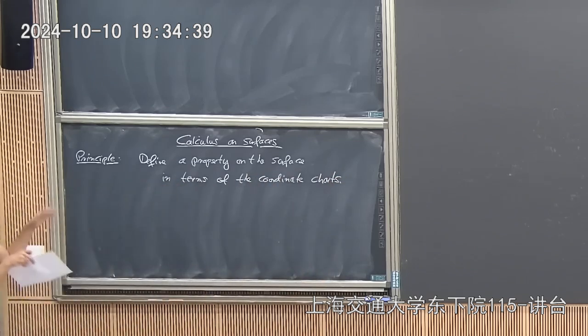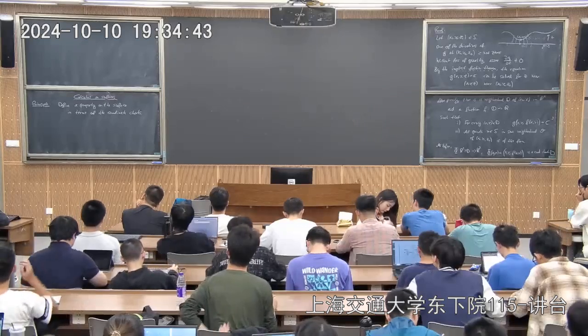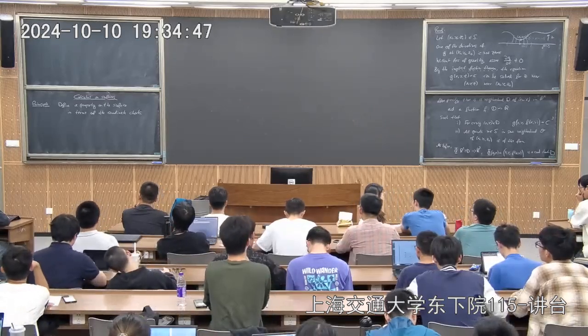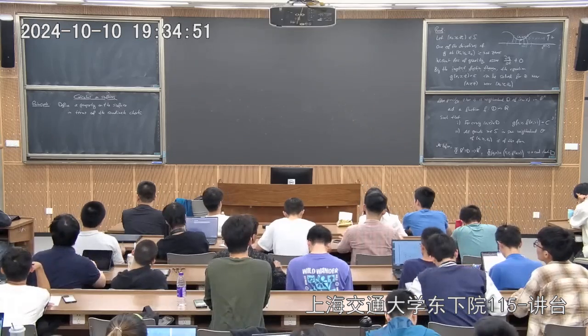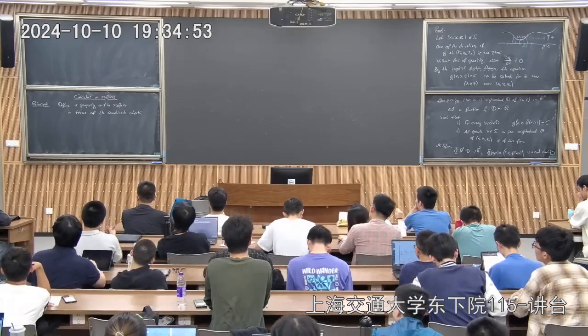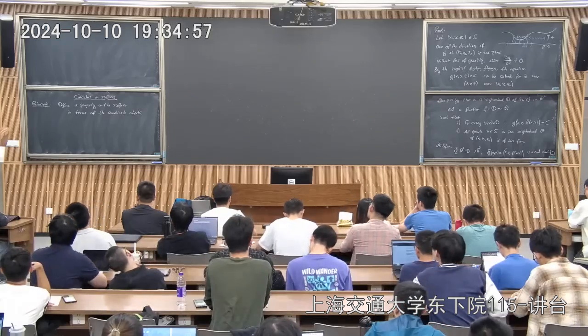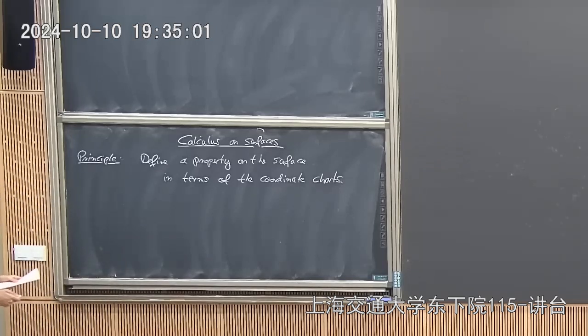Whatever property we would like to discuss on the surface, we try to formulate it in terms of the coordinate charts, because that's in some way the only thing that we know about the surface. It's some abstract subset of R3, but the nice part about it is that it has charts around every point, which we have to use in our definitions.